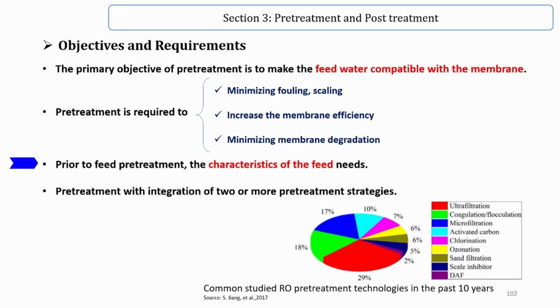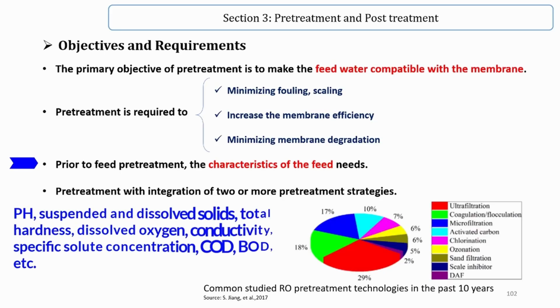Prior to feed pretreatment, the characteristics of the feed need to be analyzed in terms of various physicochemical parameters such as pH, suspended and dissolved solids, total hardness, dissolved oxygen, conductivity, specific solute concentration, chemical oxygen demand, biological oxygen demand, and so on, to ascertain the selection of one or more suitable pretreatment methods.